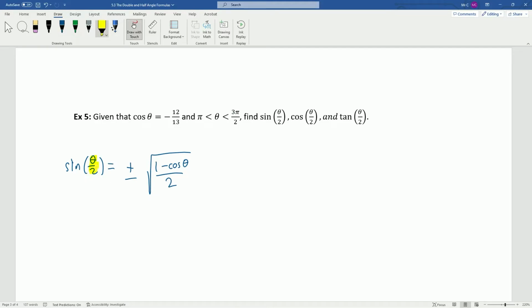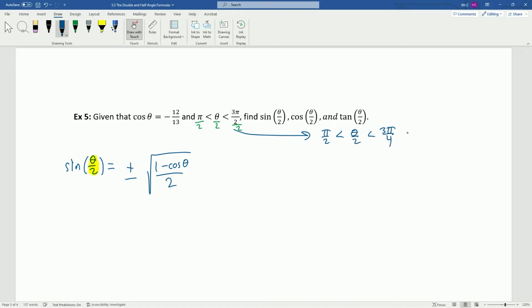I need to know where theta over 2 is. That's actually very simple. Just take your inequality for theta and divide the whole thing by 2. What does that give us? It gives us that theta over 2 is between pi over 2 and 3 pi over 4.